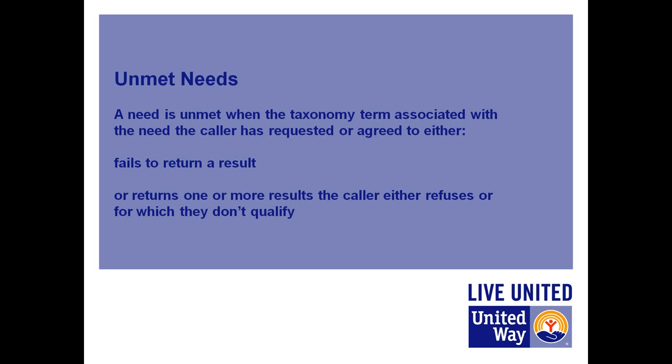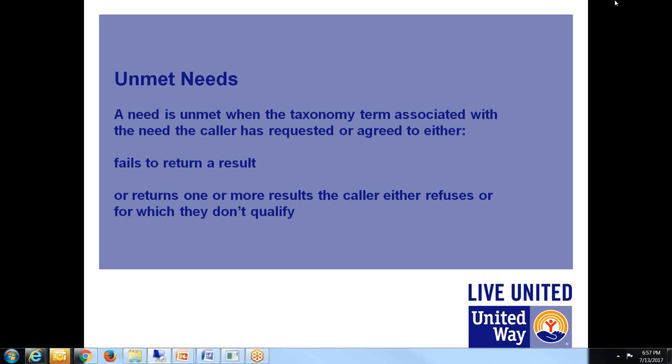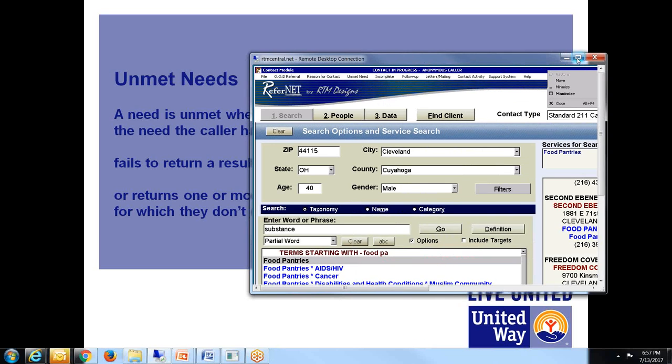The piece that's kind of missing is that they refuse or don't qualify for all results. Because of course they could return one or more results, so they'd have to not qualify for any of the results returned, or refuse them, for it to be an unmet need.